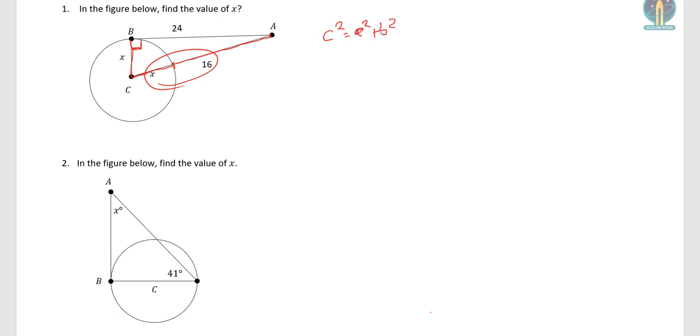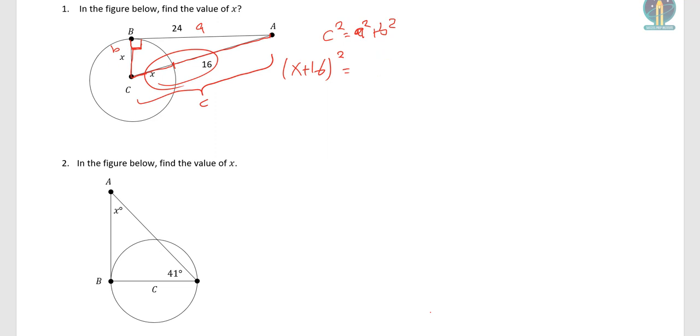Well, what is c squared? c is 16 plus x, or you could say x plus 16. This is c. So c is the hypotenuse of the triangle. But this is definitely c, which is x plus 16, all squared, is equal to a squared.